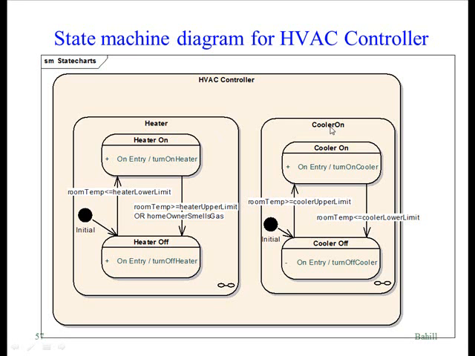Yeah, so let me ask a question. In terms of the state machine diagram for the entire system, what should we have inside here? This particular state machine diagram is just showing the heater, and it's showing this cooler.